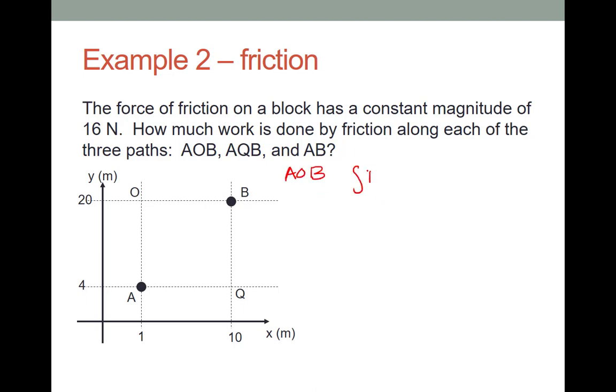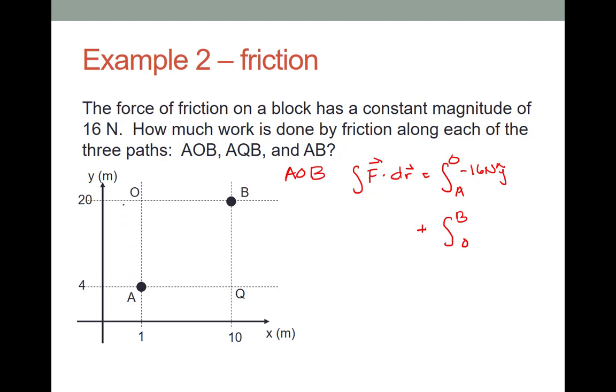So I'm going to have the integral of f dot dr, and that will again be two pieces: the integral from A to O plus the integral from O to B. As I go from A to O, my force will be negative 16 newtons j hat. Remember, it's going to point opposite the direction of motion.